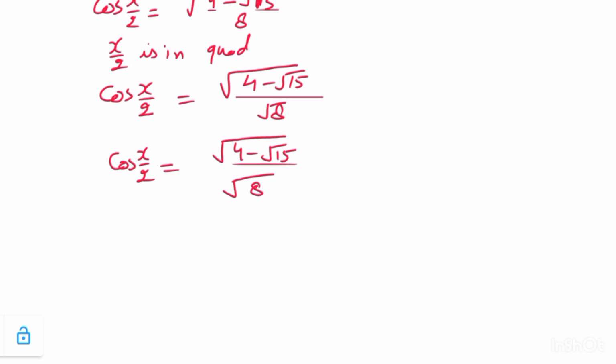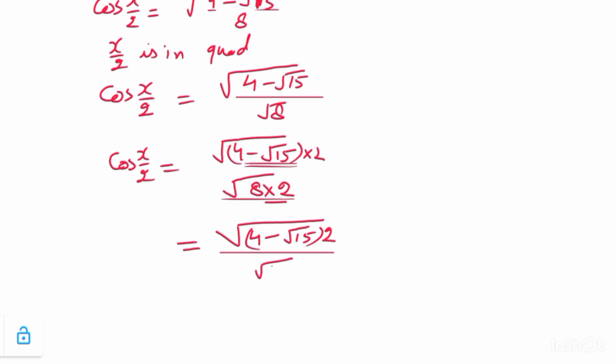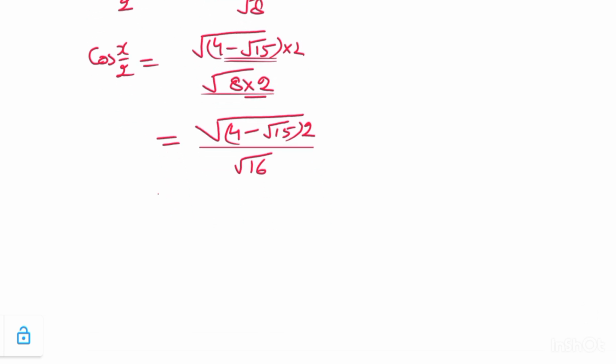So if we multiply this by 2 here and this by 2 here, this will be 16, and square root of 16 is 4, so this will be square root of 4 minus square root of 15 into 2 divided by square root of 16, and this will give cos x by 2 is equal to square root of 8 minus 2 square root 15 divided by 4. This is the value of cos x by 2.